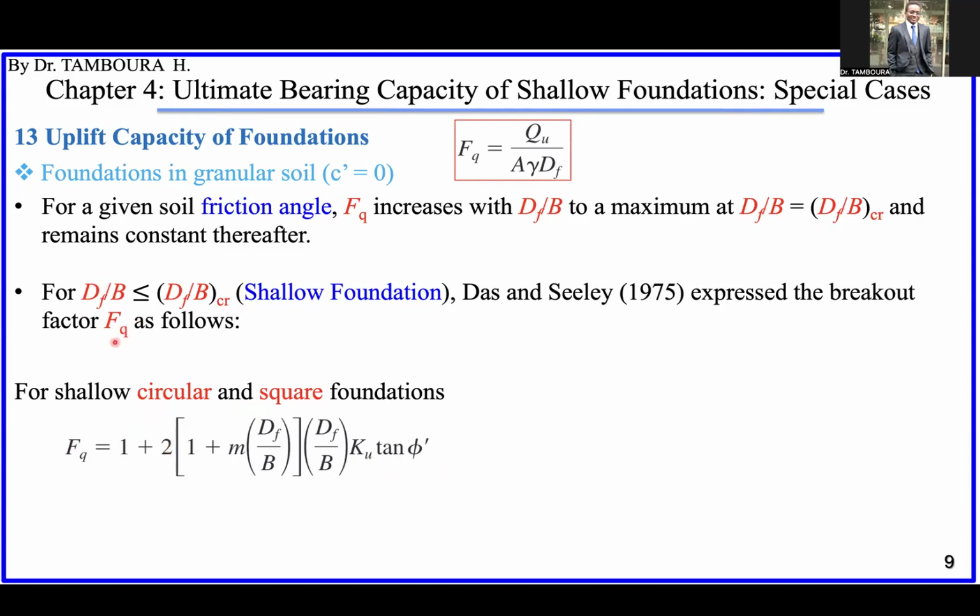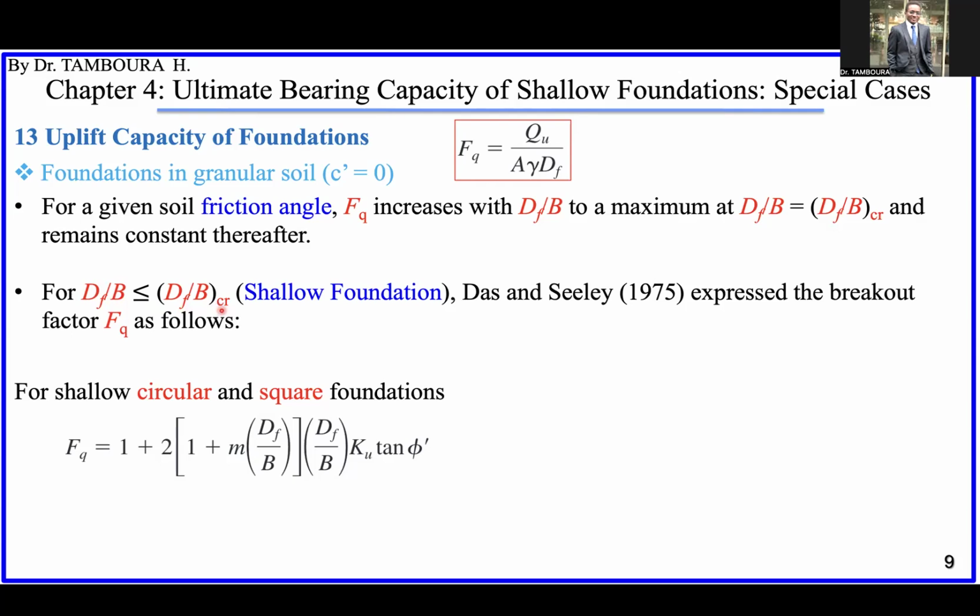Remember, this equation is for a shallow foundation, and a shallow foundation in this definition means DF over B is less than the critical one.